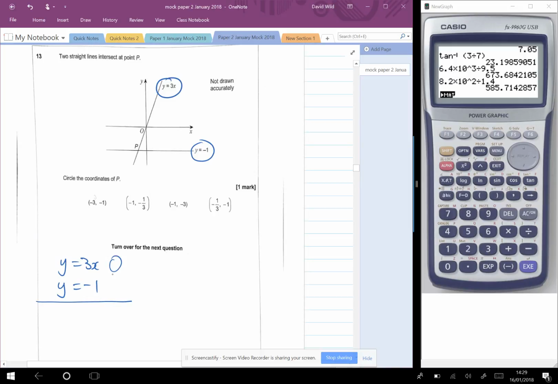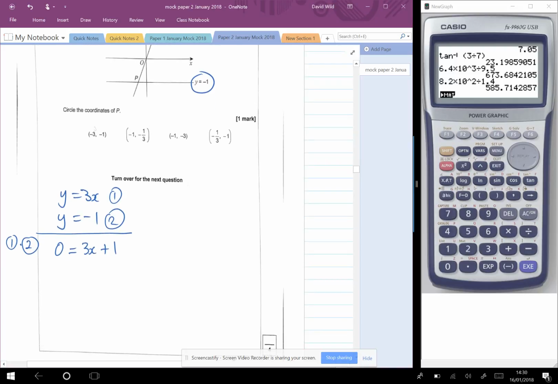If this is equation 1, this is equation 2, I'm going to do 1 minus 2. So y minus y is nothing. And 3x minus 1. Be careful, I'm subtracting 3x minus 1, which is 3x plus 1.